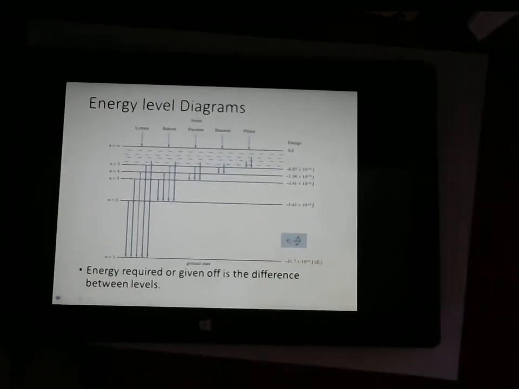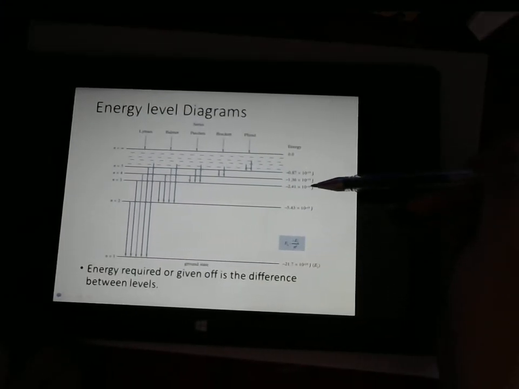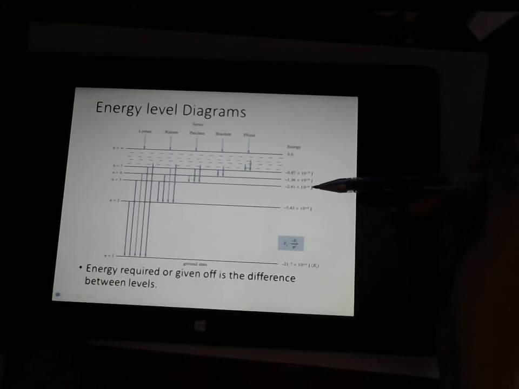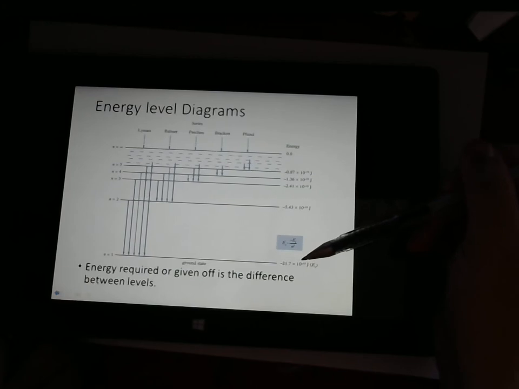Sorry, you are expected to be able to read an energy level diagram. So that's what we're going to do. We're just going to read directly off the diagram. I believe the image is on page 336.